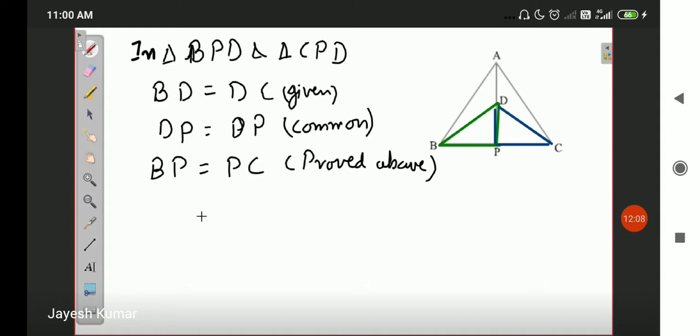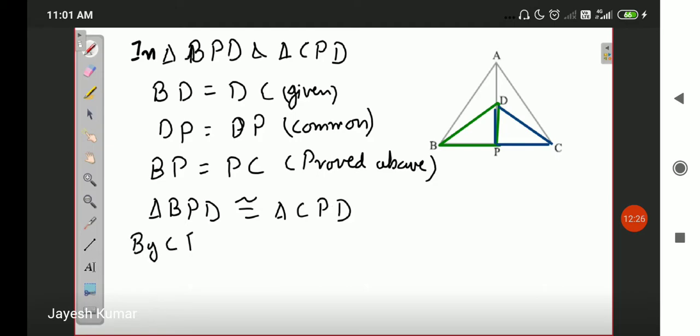In this manner, triangle BPD will be congruent to triangle CPD, and by CPCT, you can claim that angle BDP is equal to angle CDP.